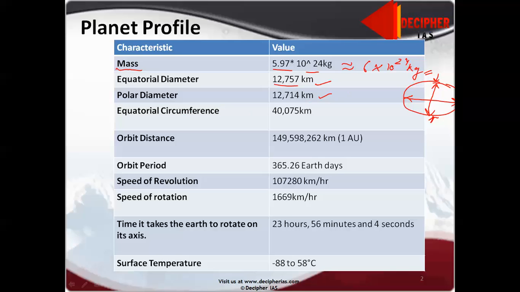Okay, and equatorial circumference. Now, very important. You don't even need to remember that it is 40,075 kilometers. What is circumference? Circumference is 2 pi r, and it is equatorial.